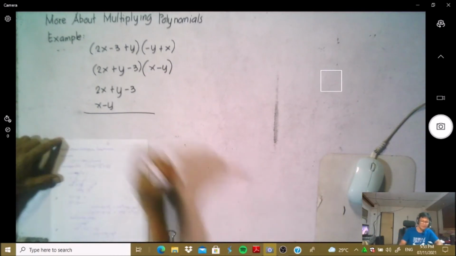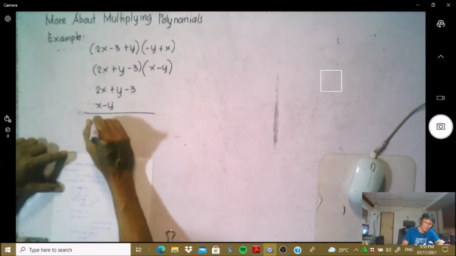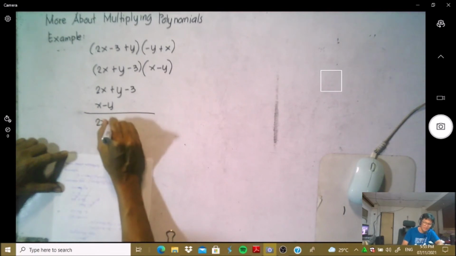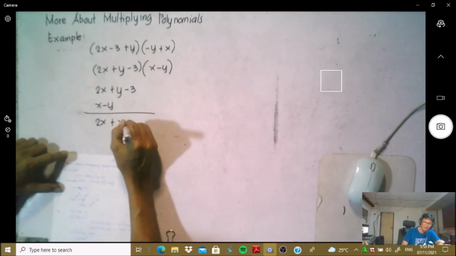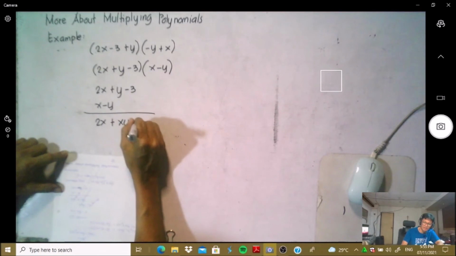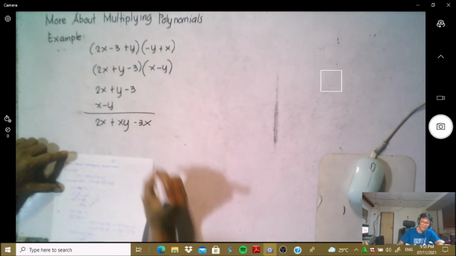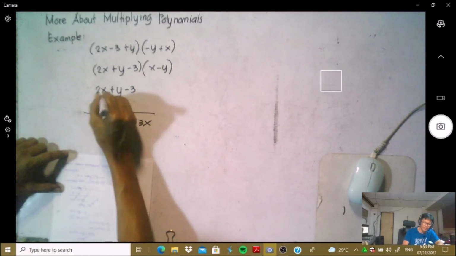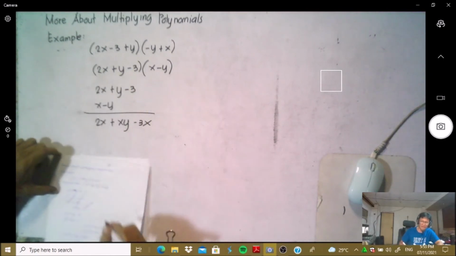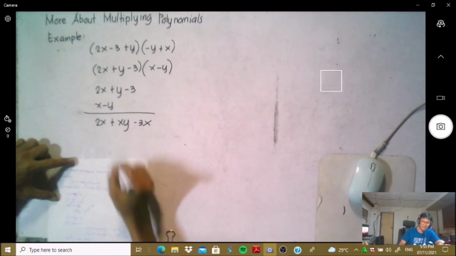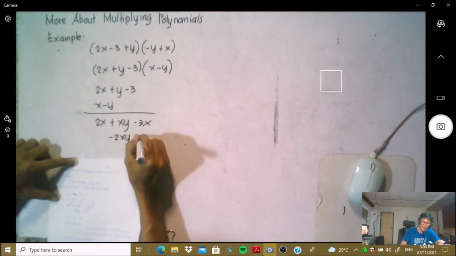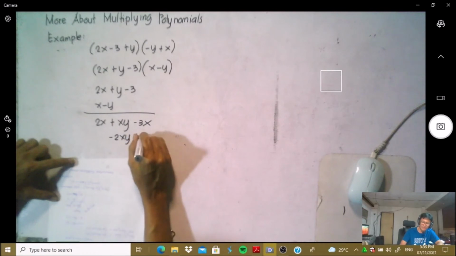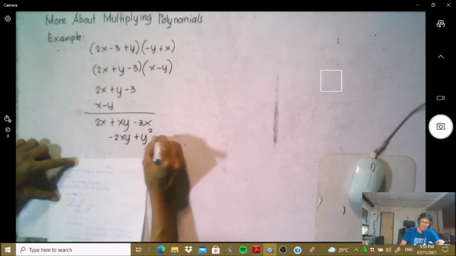Let's now proceed with multiplication. We have x multiplied with 2x, which is 2x squared, plus x multiplied with y is xy, and x multiplied with negative 3 is negative 3x. Next, we multiply negative y by the trinomial above: negative y times 2x is negative 2xy, then plus y times y is y squared, then minus 3.